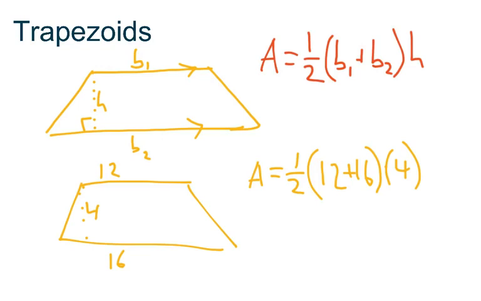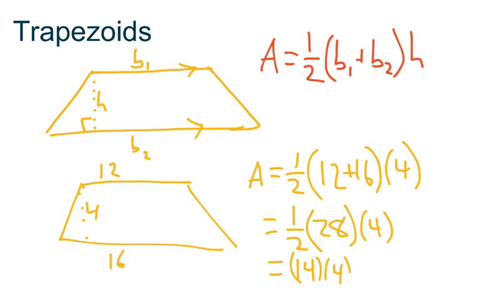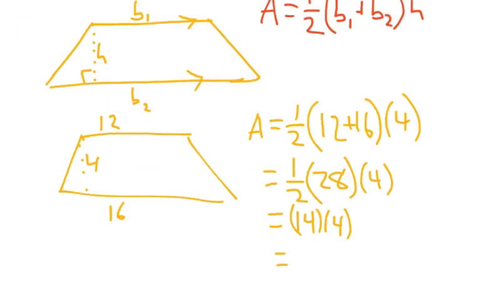If you use parentheses, it'll make your life easier in terms of organizing it all. So, order of operations: 1/2 times, here I'll get 28, times 4. 1/2 of 28 is 14, and I will times that by 4. And I get 56 units squared.